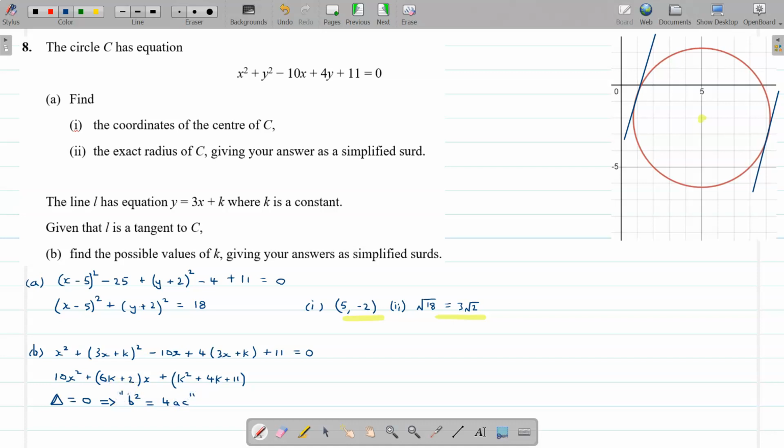I've just plucked them out of the air, but that's what I'm doing. So basically I've got to set 6k plus 2 all squared, that's my b squared, if you like, equal to 40.